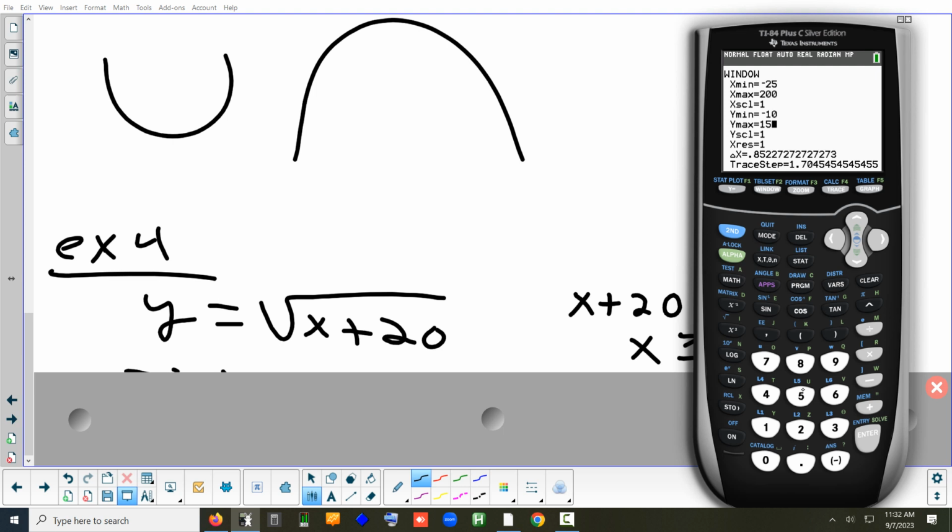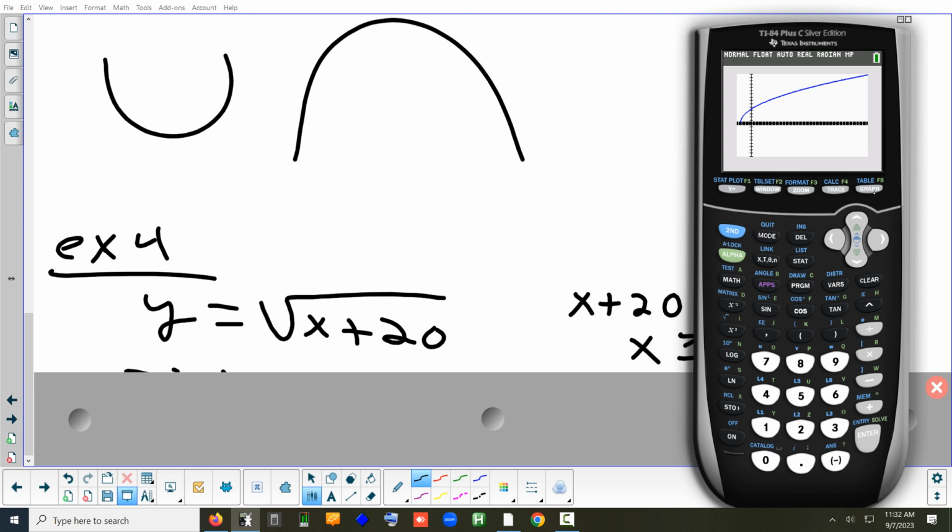Okay, so we're looking for a positive answer. Then it doesn't really even make sense to have y min at negative 10. You could put it on 0. I'll leave it on negative 10 so you can see it. But you really don't need to look that low because it's never going to be negative. Let's hit graph. And there's your square root function.